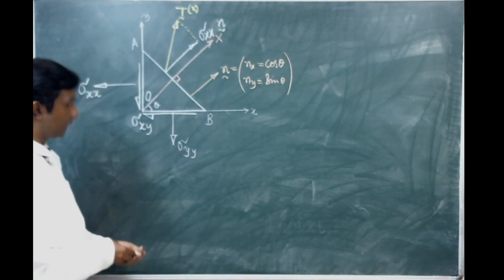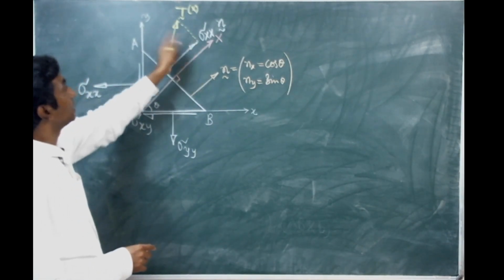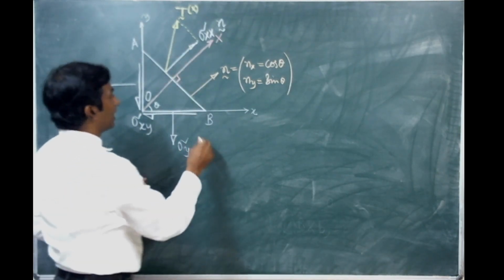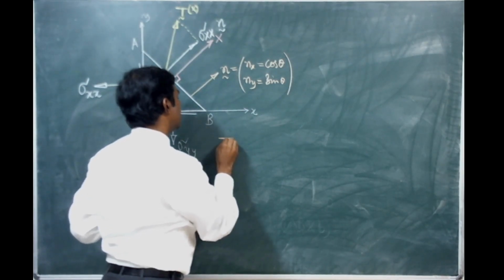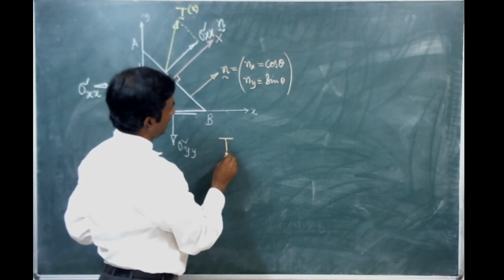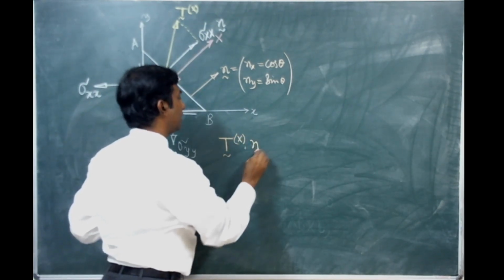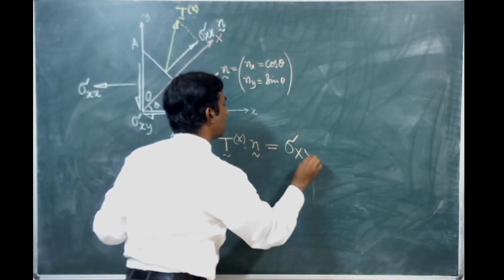With the help of that, we can take the projection of this traction T along the capital X direction. It reads T x dot n, which we say is sigma x x.